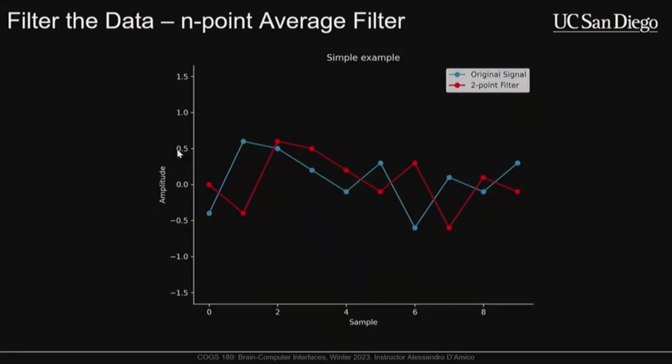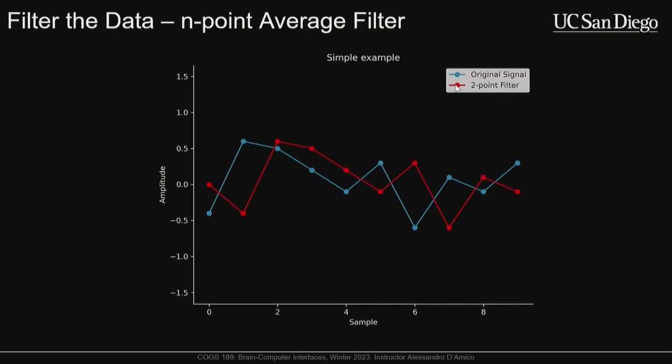Right here, you'll see that this data point is 0. This is because I zero-padded the data, because otherwise we'd run out of signal. But essentially it's doing exactly what I said. We're taking 2 of the points, taking the average, and returning that. Then we move on to the next one, take the average of that, return it, and so on and so forth.